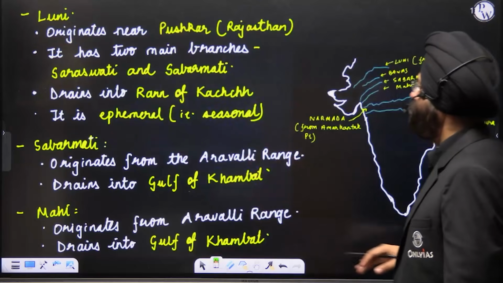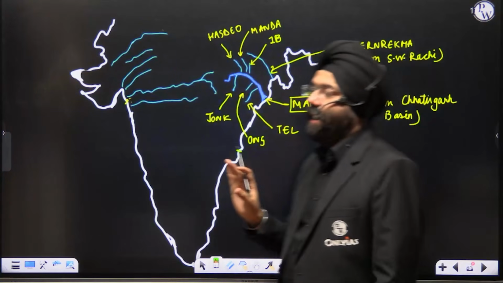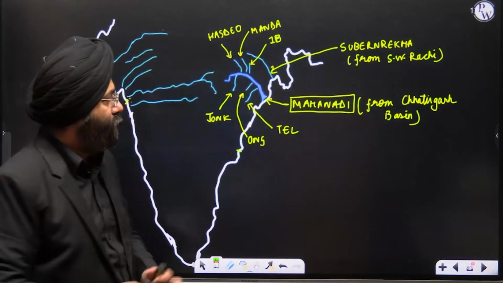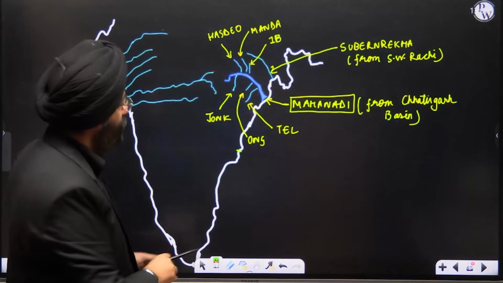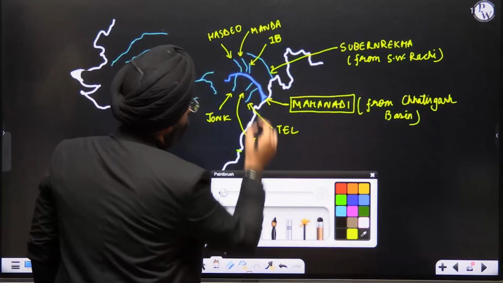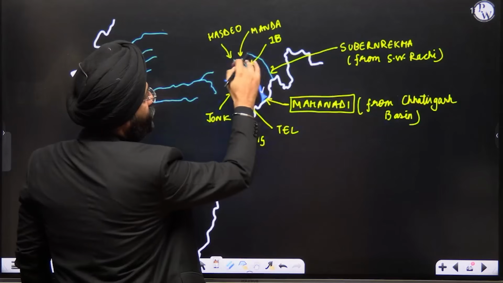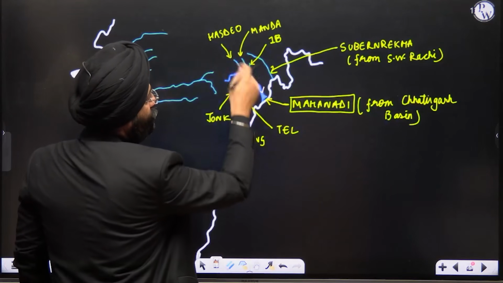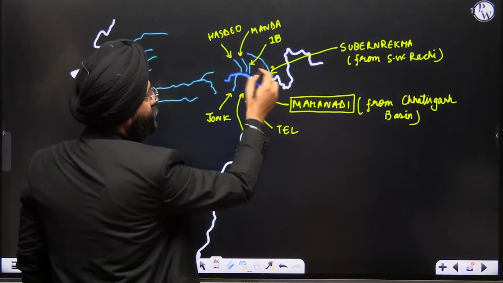Now let's move to the other part, which is the focus is Mahanadi. Mahanadi, please understand, has various other tributaries. If you see here, please understand, this is the flow. So these are the left bank tributaries, these are right bank tributaries. Left bank is Hasdeo, Mand and Ib.